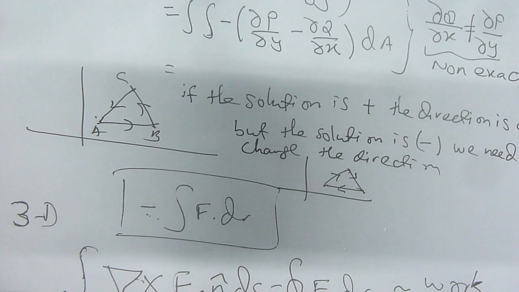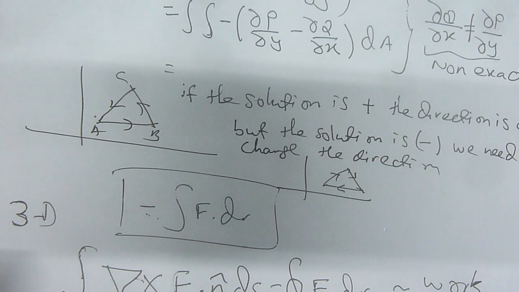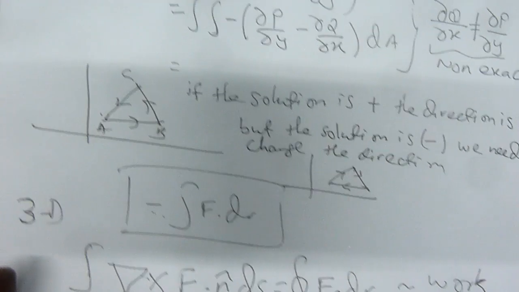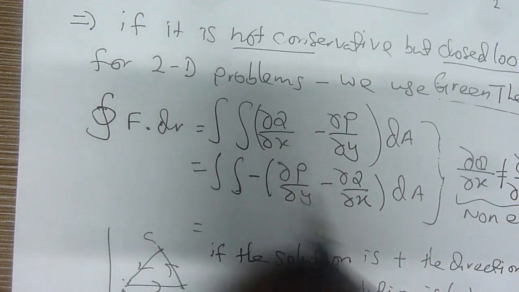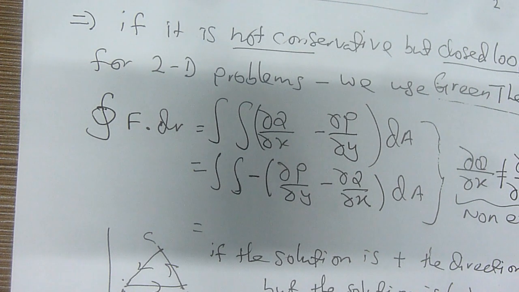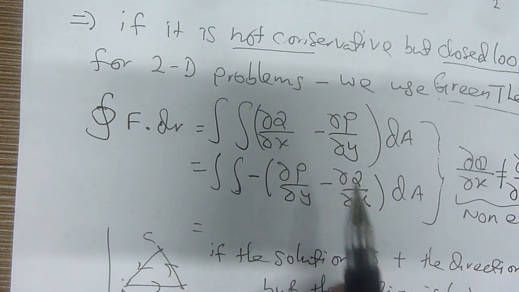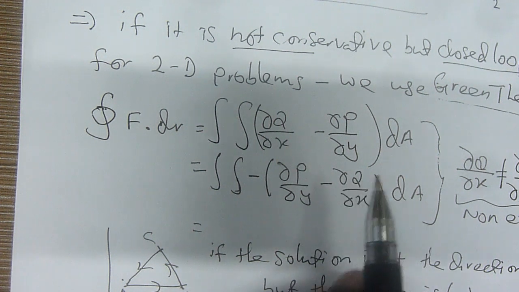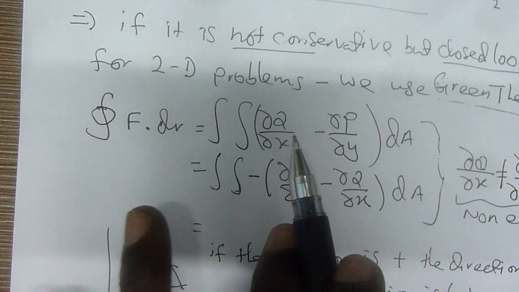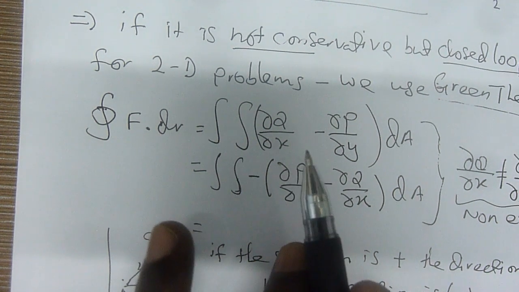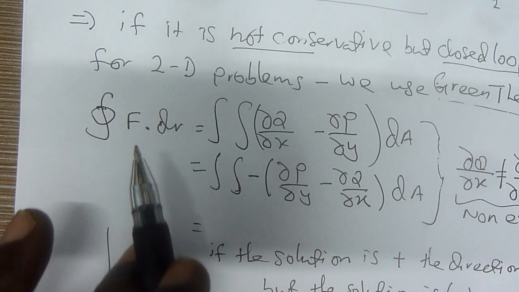Therefore you must remember, if F is a 2D environment, you can directly use F dot dr, Green theorem. This is a very important message I am trying to deliver to you. I know you won't understand now, but later I'm going to use these logics very much. Try to understand this.